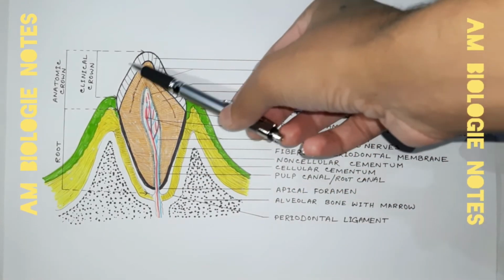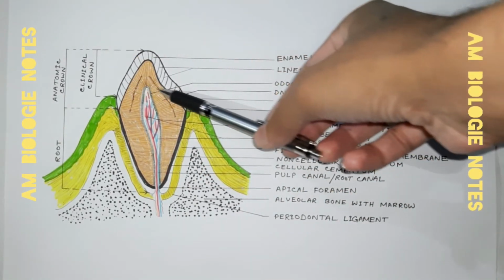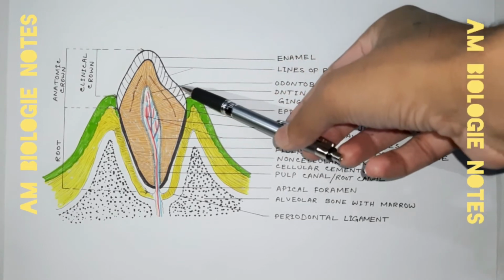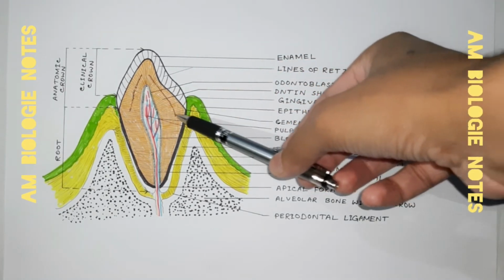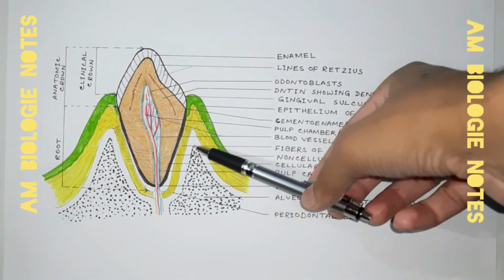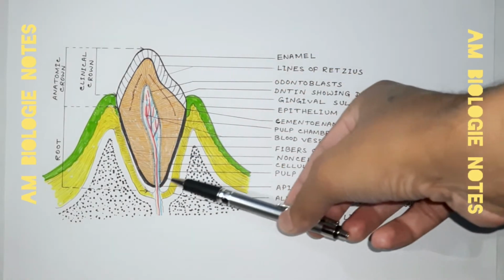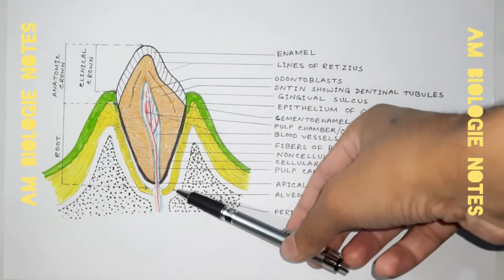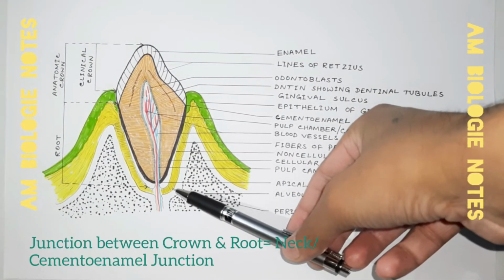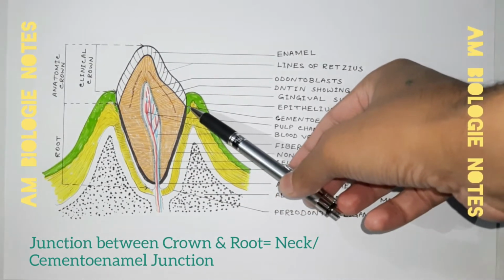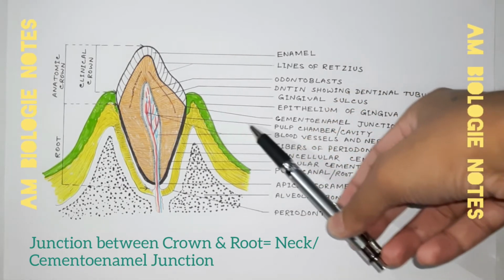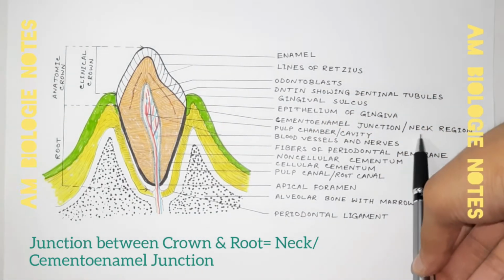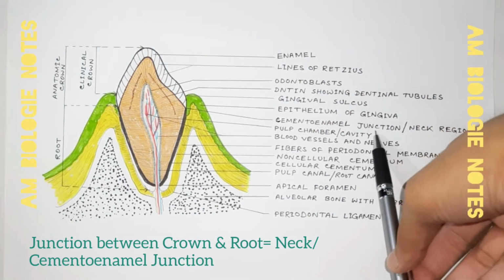The crown is the exposed part of the tooth and it is clearly visible to us. The root is the hidden part in the gum, which is anchored in the socket or alveolus of the jaw bone. The junction of crown and root is called the neck. It is also called the cemento-enamel junction.